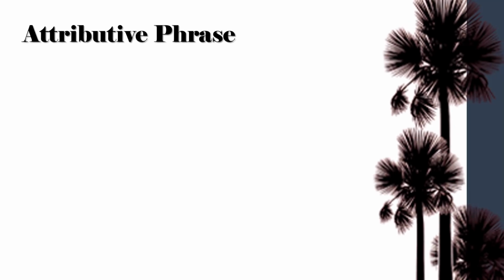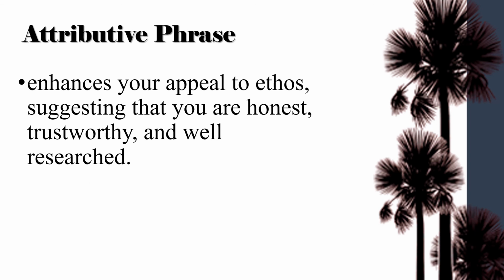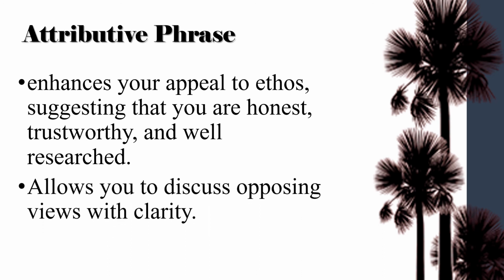You should always make it clear that you are engaging someone else's idea. This enhances your appeal to ethos, suggesting that you are an honest, trustworthy, and well-researched author. And it allows you to discuss opposing views with clarity.